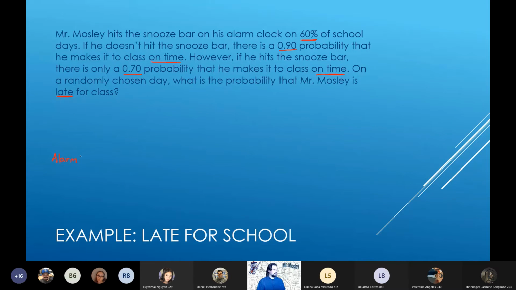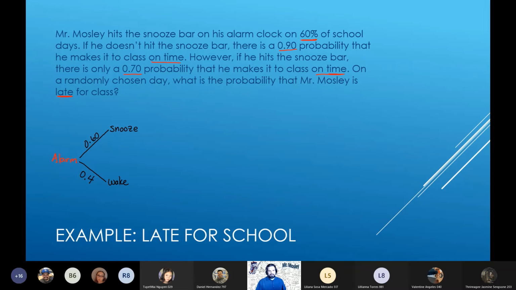I'm either going to hit the snooze button or I'm going to wake up. Right? And I have 60% chance of hitting the snooze button, which goes to 0.6 as a decimal, meaning I have a 0.4 probability of waking up.